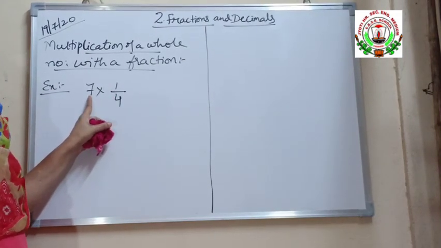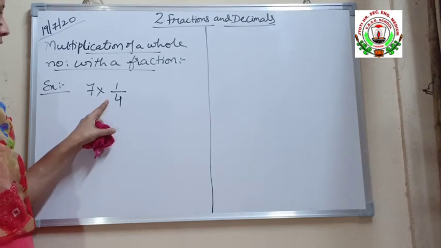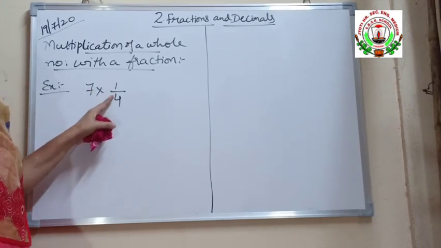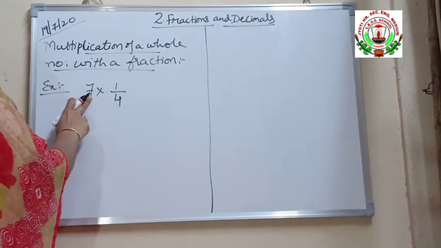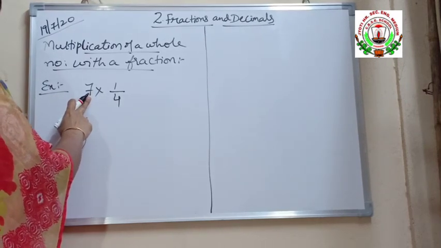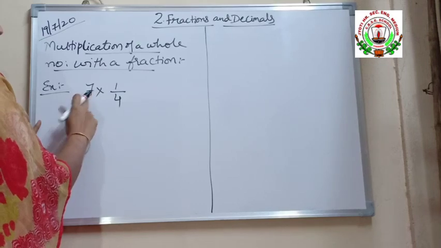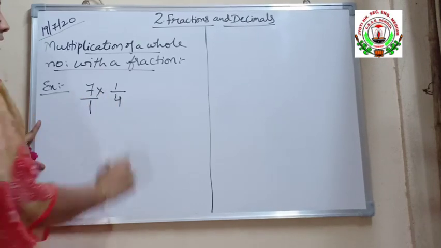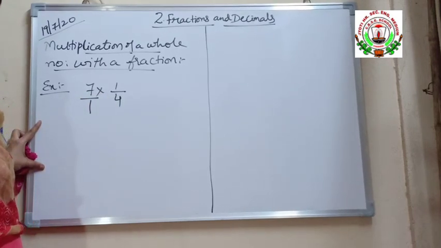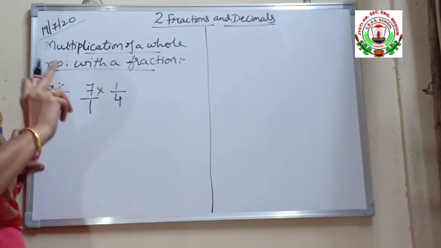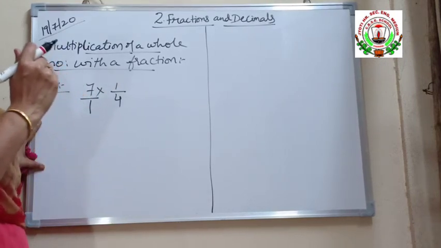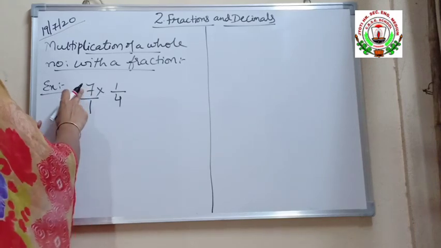See, 7 is a whole number and 1 by 4 is a fraction. So, multiplication of these two. One is a fraction, one is a whole number. So we have to make this whole number also a fraction. For making this whole number a fraction, I can write the denominator as 1. Because there is no difference when I write any whole number with denominator 1, it will be a whole number only.